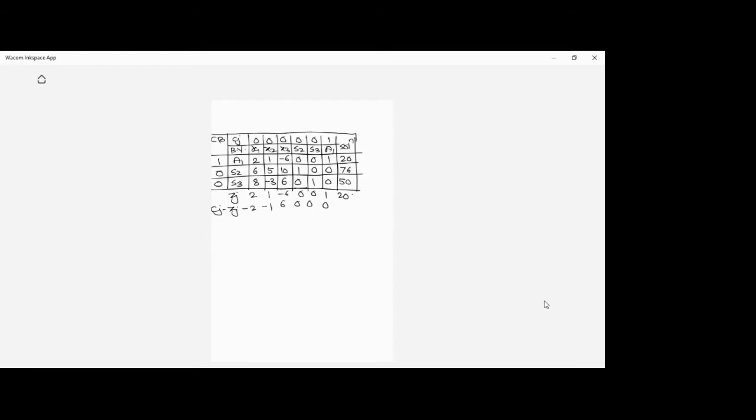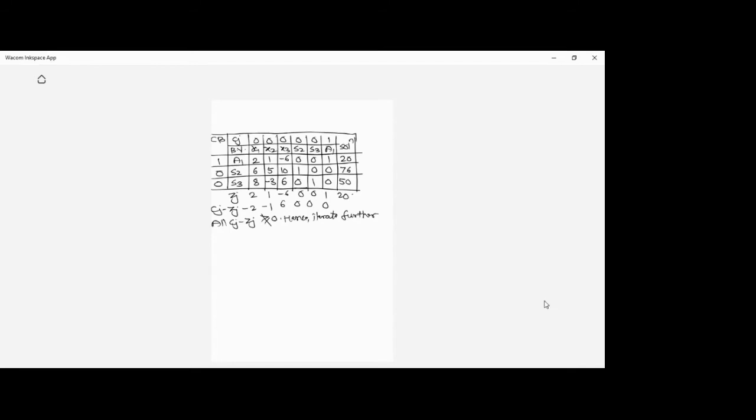So what is this? This is a minimization function, right? So all cj minus zj values should be what? Should be greater than or equal to 0. Is it happening here? No. So not all cj minus zj values satisfy this. Hence, you will have to iterate further, right? When iterating for a minimization function, we first identify the key column.